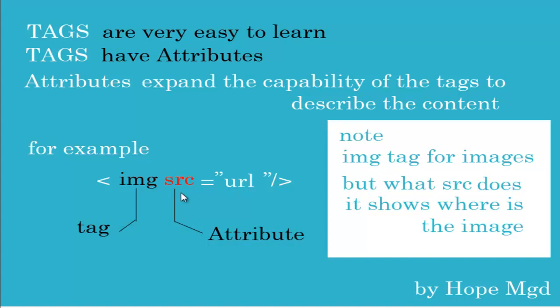But the src says where the image is in the server or the computer, where's the source of the image. So the attribute expands the work of the tag. It helps the tag to do its work much better and more advanced.